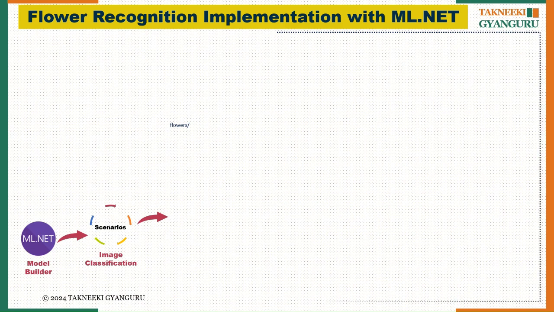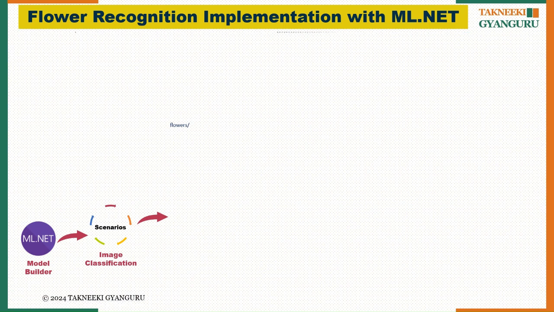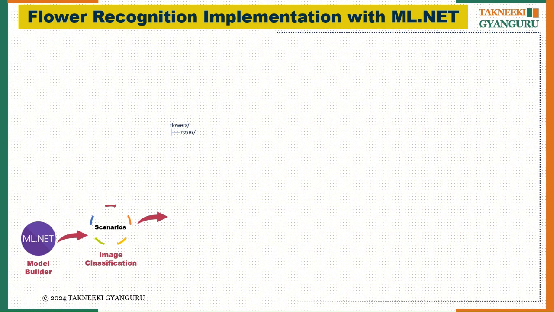So what is the data set in image recognition? We should have some different flowers, right? First of all, the root folder should be flowers. It can be any other name. And then we should have subfolders named after the flowers, like roses.